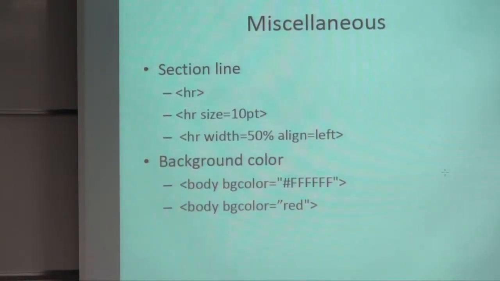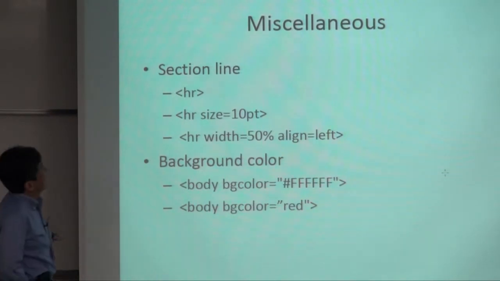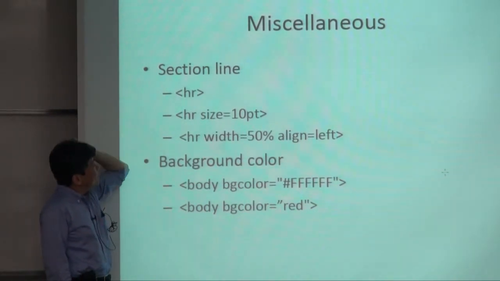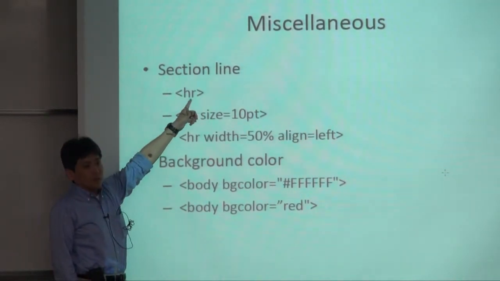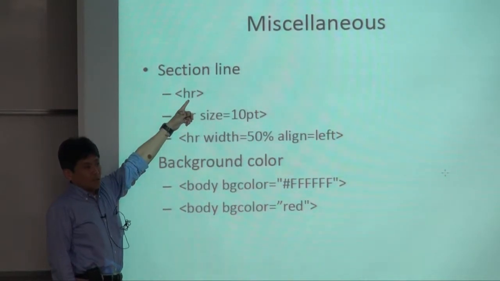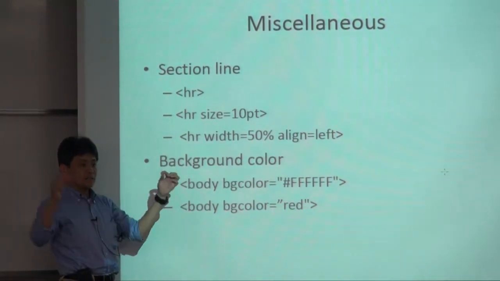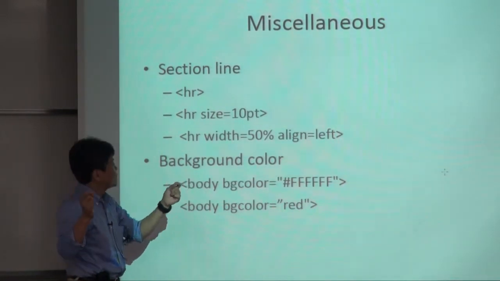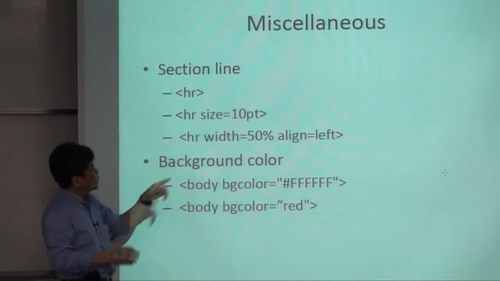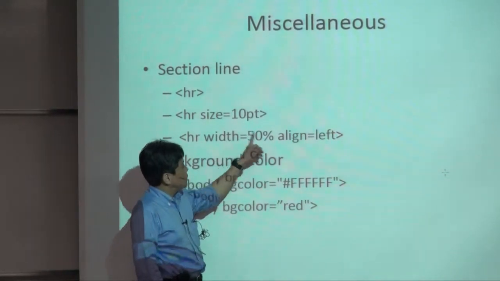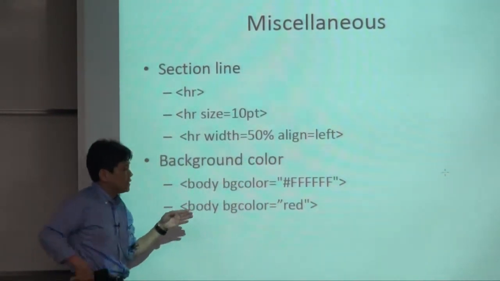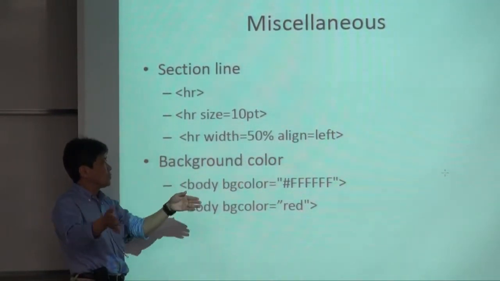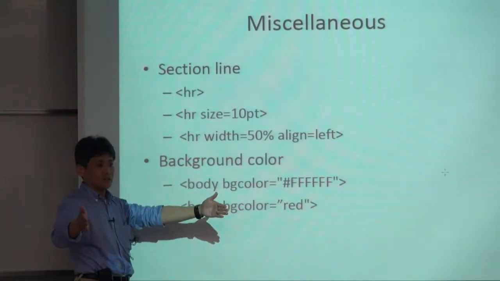And other things, section line, using HR tags, you can put any lines in your home page. Okay, so if you specify width or alignment, you can specify the alignment or size of the length.